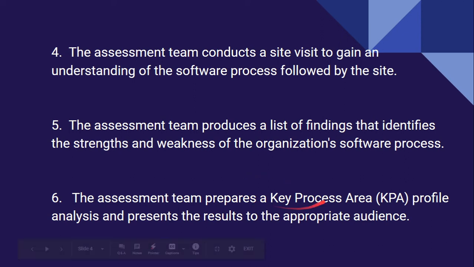That means where the process area should be focused. Then only can they improve the quality of the product, and this way the assessment of the process can be done in a perfect way, and then they will present their analysis to the appropriate audience.